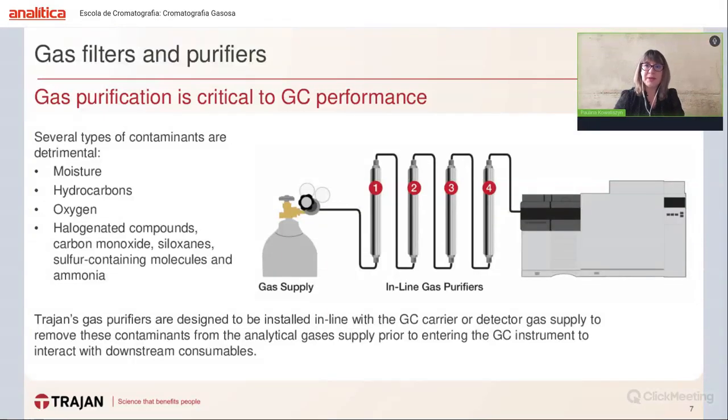All of those contaminants can interfere with our analysis and show up on our detector, or can interact with our consumables, affecting the accuracy of our results. So the gas should be purified before entering the GC system to avoid any interactions of the contaminants with the instrument and our consumables.